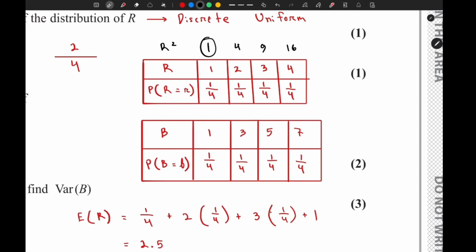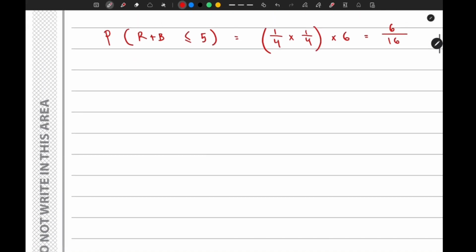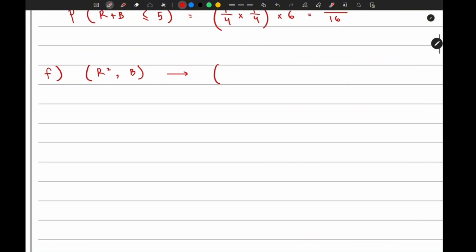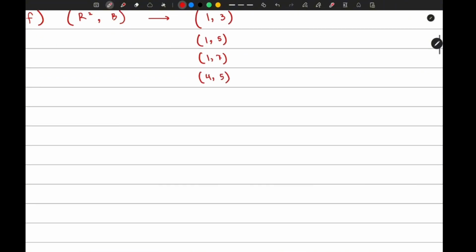So let's first write down the combinations. The first one is R squared and the second one is B. The combinations are 1 and 3, 1 and 5, 1 and 7, and 4 and 5, and 4 and 7.